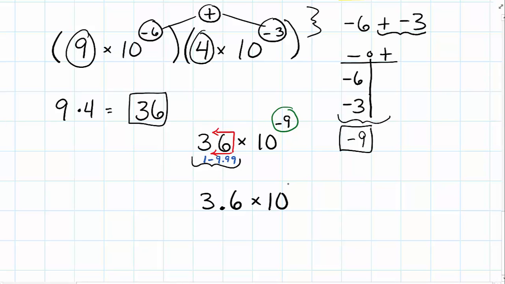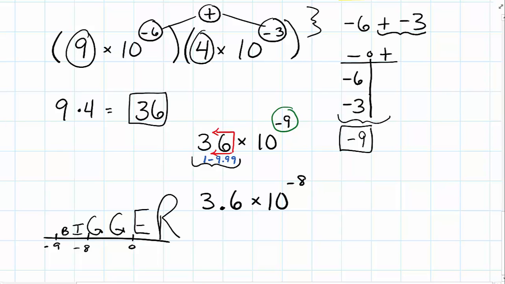And so what I'm going to end up with is -8. -8 is bigger than -9. If you look at a number line and we put -8 here, -9 here, we understand that the number that's further to the right on a number line is bigger. And as we move further and further to the right on a number line, we're going to have numbers that are bigger. So our answer in scientific notated form is 3.6 times 10 to the -8th.